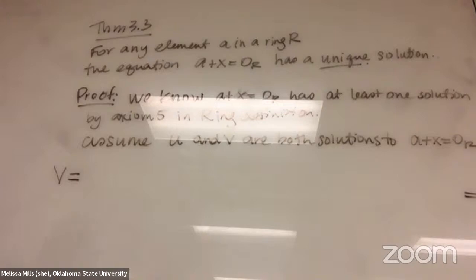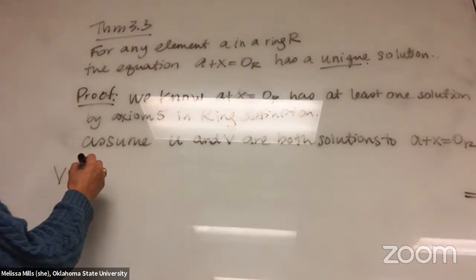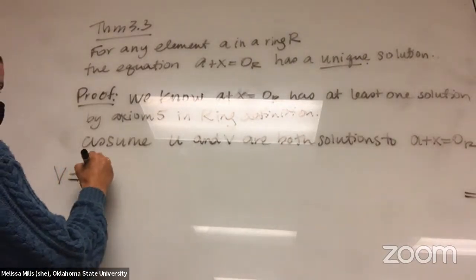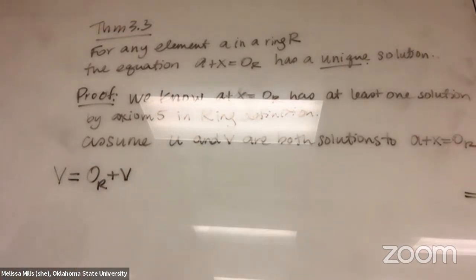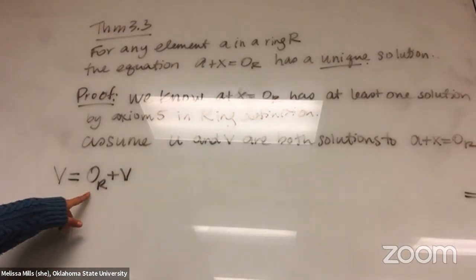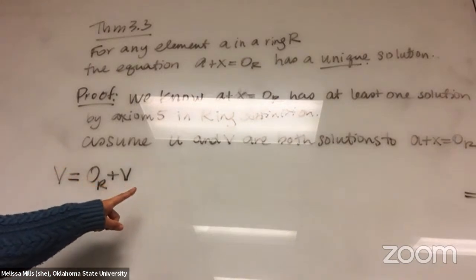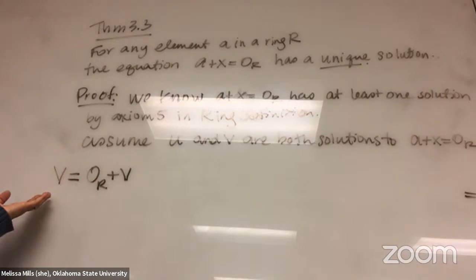Yeah, so we're going to say this from our ring properties. V is equal to 0R plus V. Why is that? That's because of the way that 0R works, right? You can add it to any element of your ring and you just get that element back.